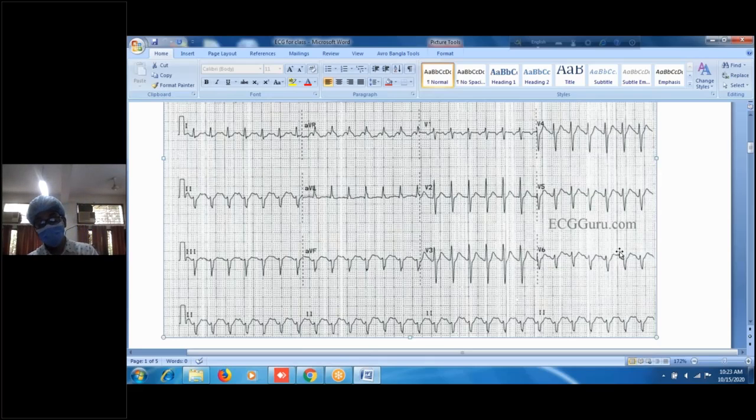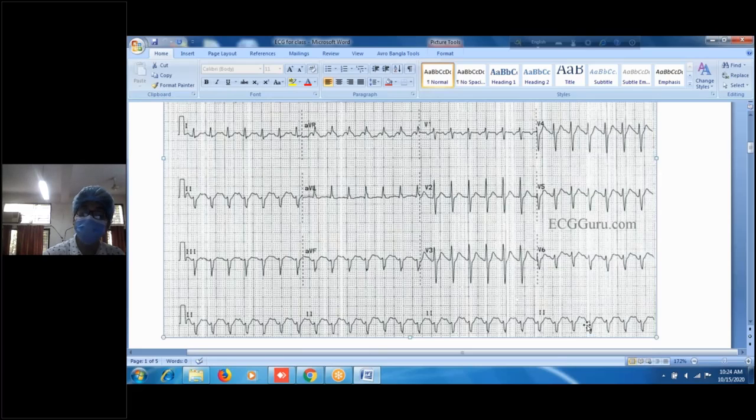Again, supraventricular tachycardia means the rhythm is generated above the ventricle. Sometimes it may not be true; sometimes the ventricle may be part of the rhythm generation site. So the lesson is, when you get an increased heart rate of regular rhythm with absent P wave, you will call it supraventricular tachycardia.